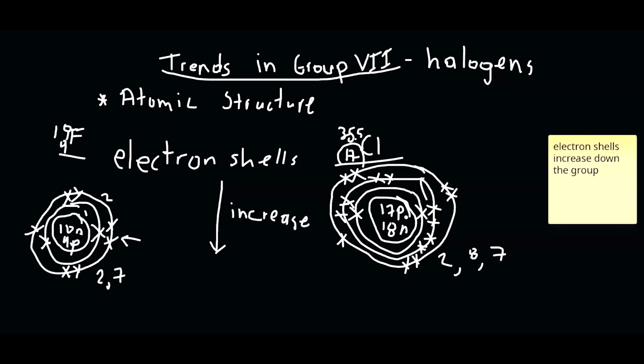For chlorine, now you have 1, 2, and 3. So there's an extra electron shell added in the structure of chlorine due to the amount of electrons present. That's the first trend that we need to identify.